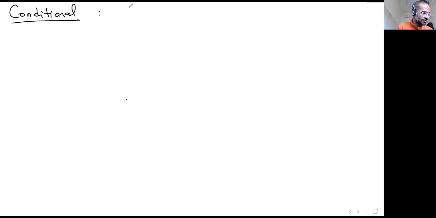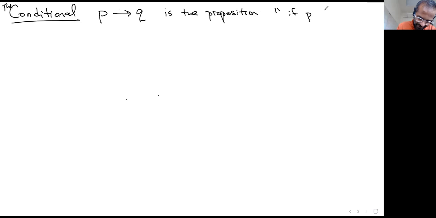So the conditional P implies Q is the proposition if P then Q. And there are many different ways of writing this. So I'll write a few of them. So you can also say P implies Q.